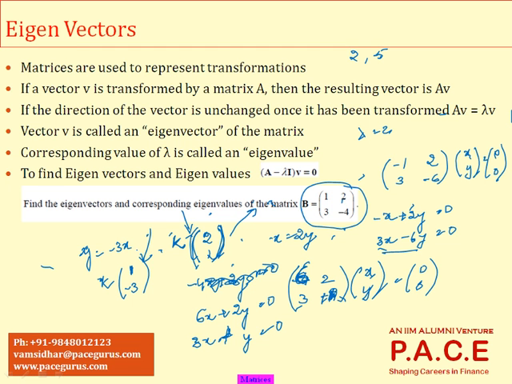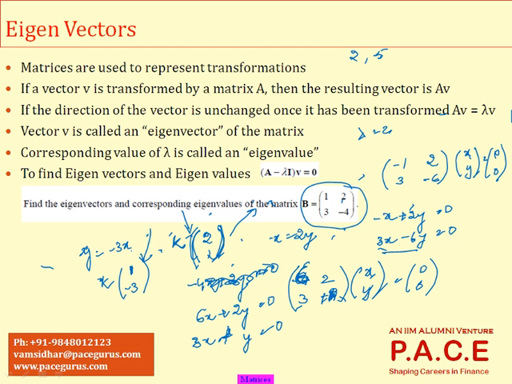Eigenvectors are a series of vectors whose i and j coefficients are determined by substituting the lambdas back into the equation and equating that to zero. These are some of the basic calculations you should be comfortable with using matrices.